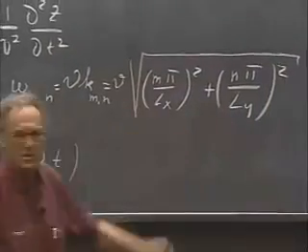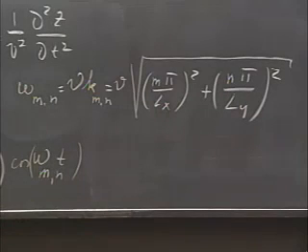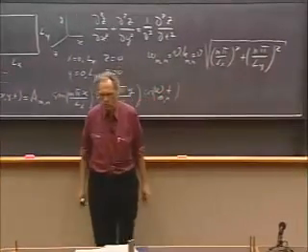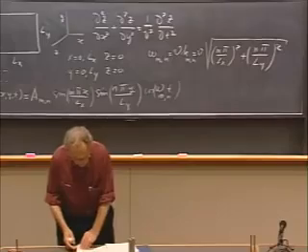This now sets the entire range of all possible normal mode frequencies. So now you can play with m, and you can play with n, and you can cocktail that in all combinations that you want to.